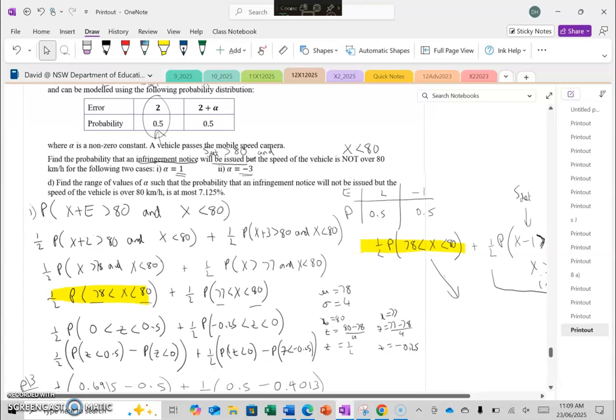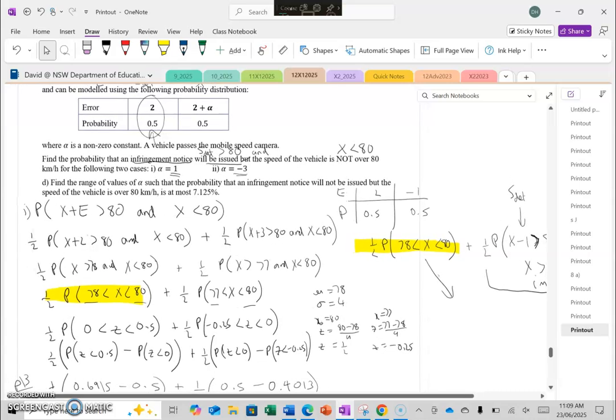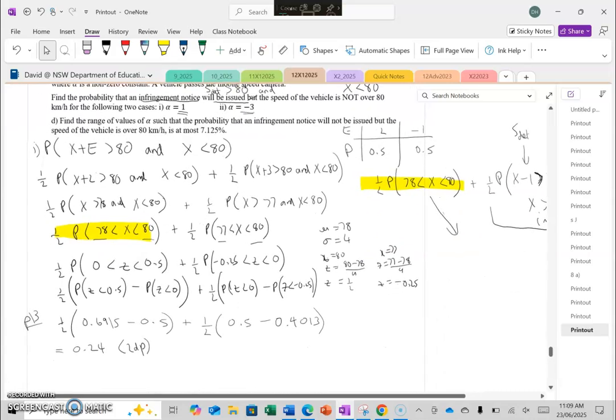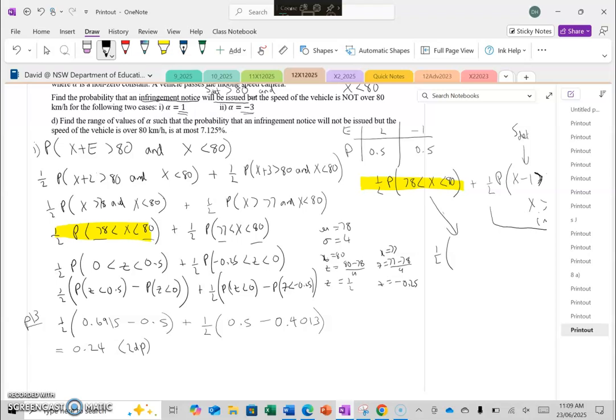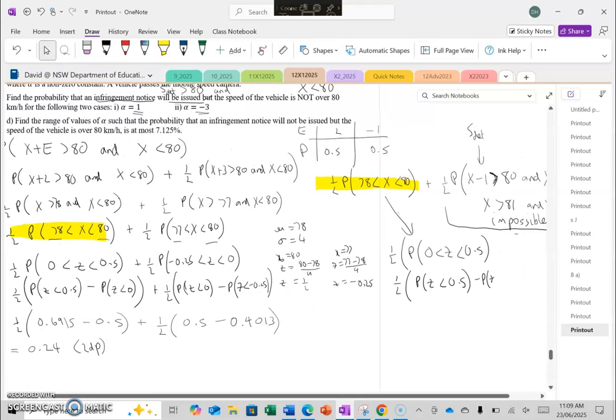And if you follow through our previous working out, we got z-score between 78 represented a z-score of 0, and 80 represented a z-score of 0.5. And then we can use probability of z less than 0.5 minus probability of z less than 0.